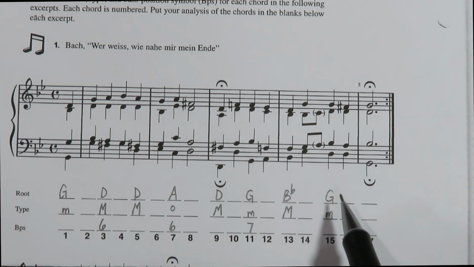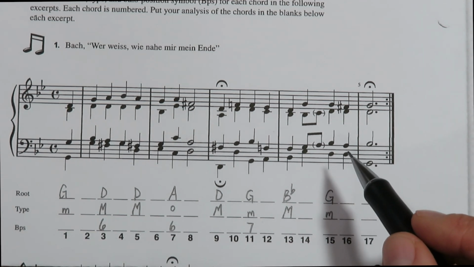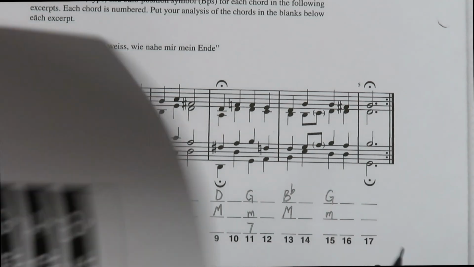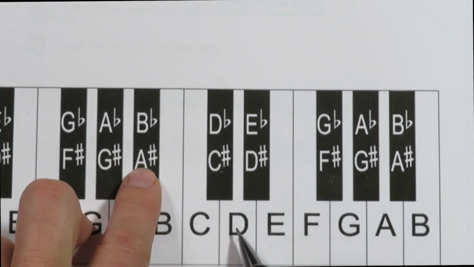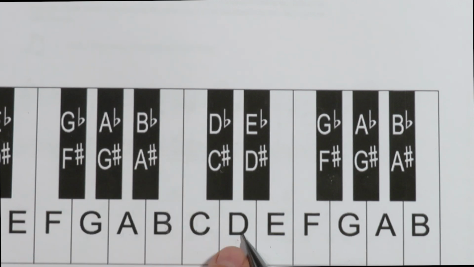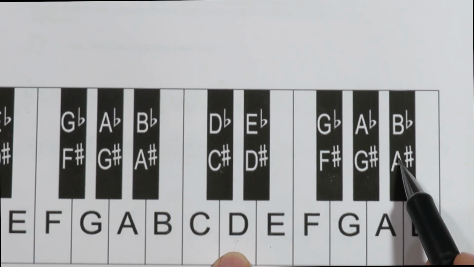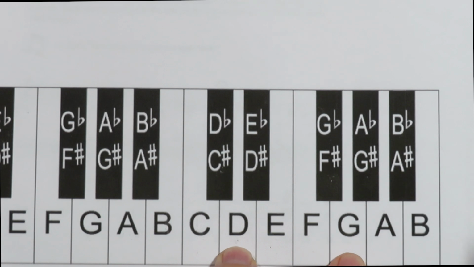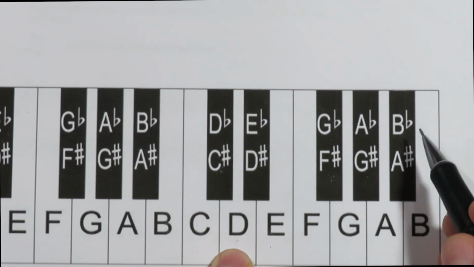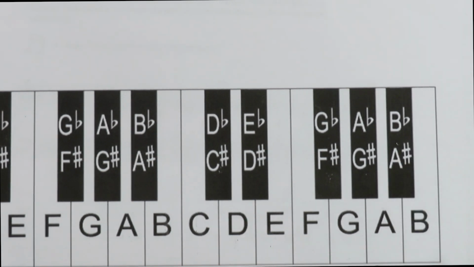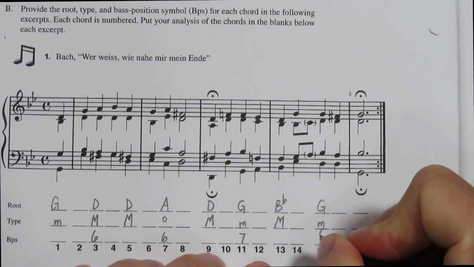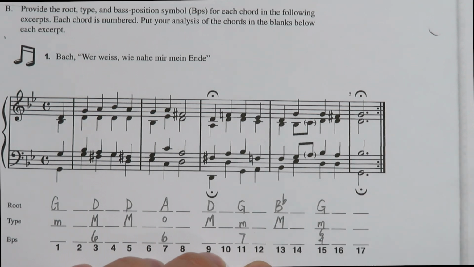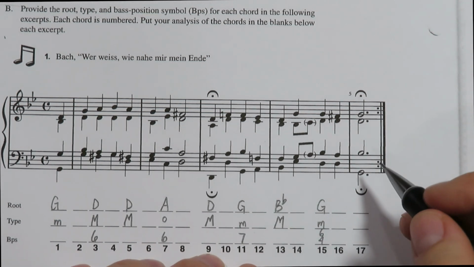So if D is in the bass, G, B flat, D. So if the fifth is in the bass, that means it's second inversion, which is 6, 4. Okay. 6, 4.